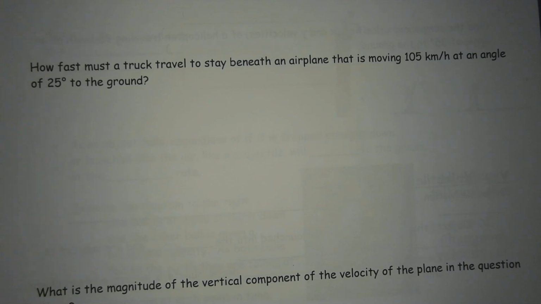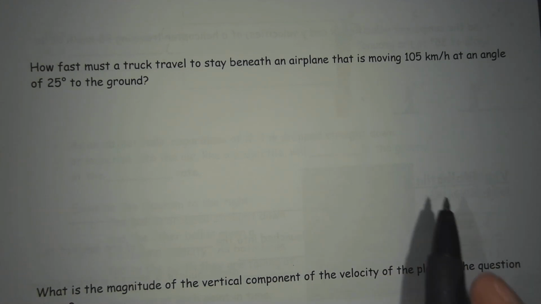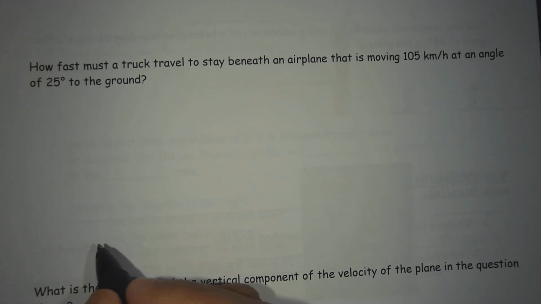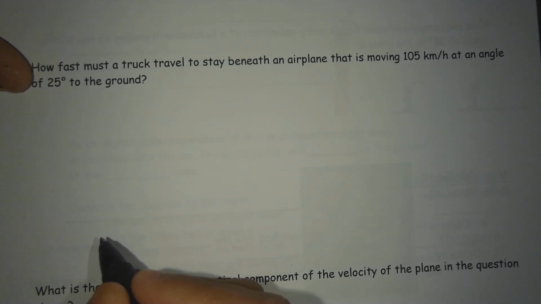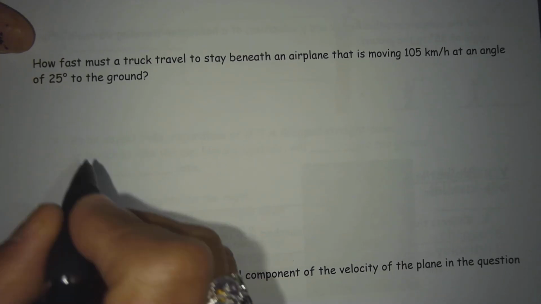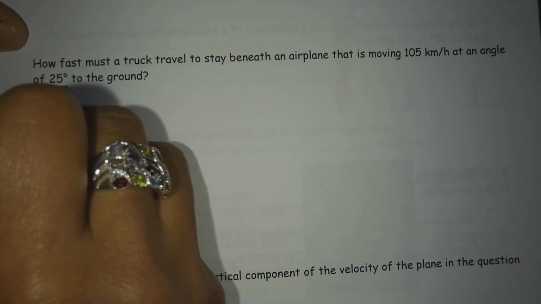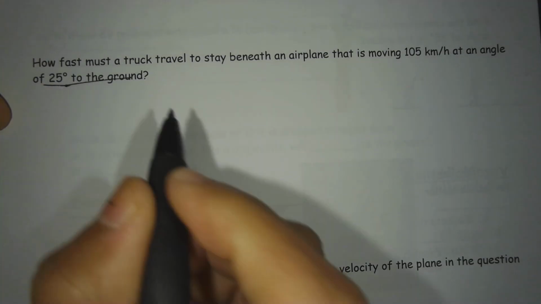How fast must a truck travel to keep under an airplane that is flying at a speed of 105 kilometers per hour at an angle of 25 degrees to the ground?